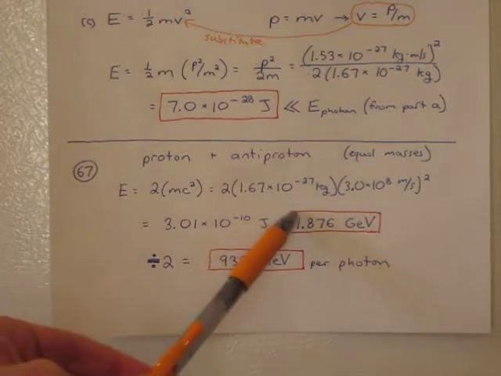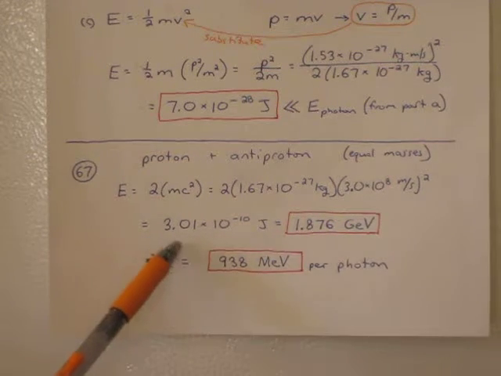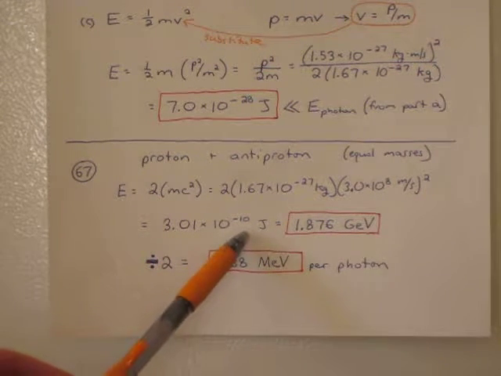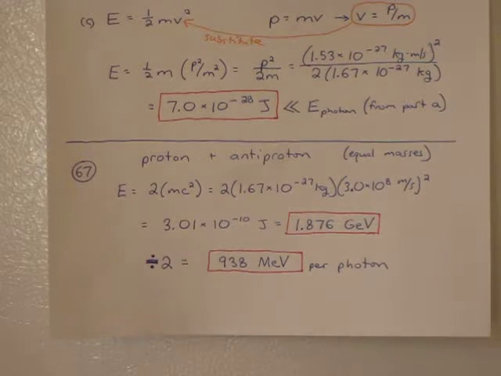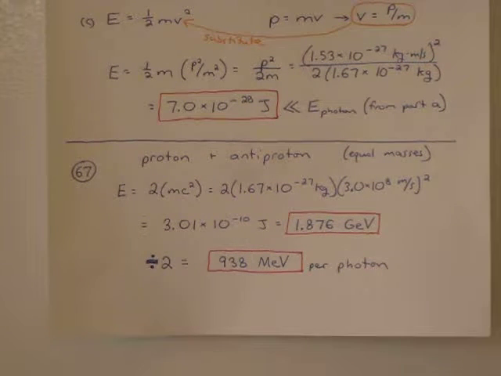There's the mass of a proton, c squared, we get 3.01 times 10 to the negative 10 joules, and it comes out to be 1.876 times 10 to the 9 electron volts, or we could say 1.876 giga electron volts.